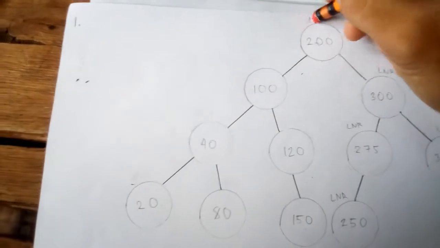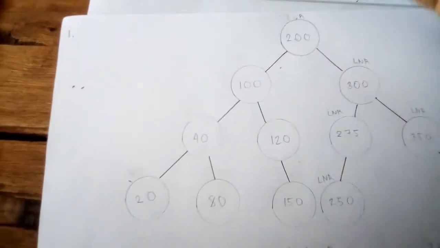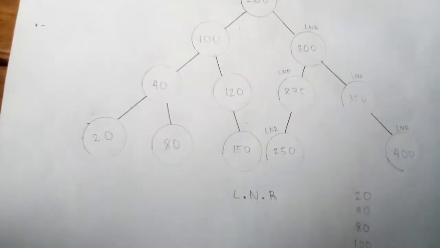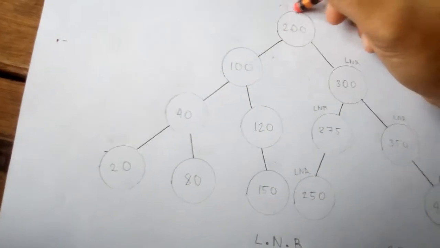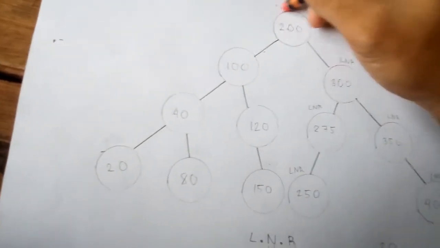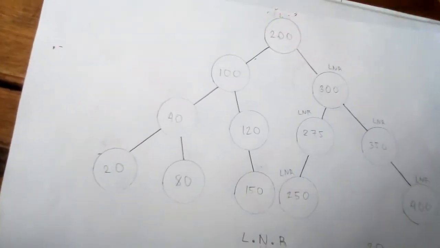Deleting the L of 200, copying the value of 200, then deleting N as well as R, because after copying the node, following the algorithm, we go to the right subtree of 200.